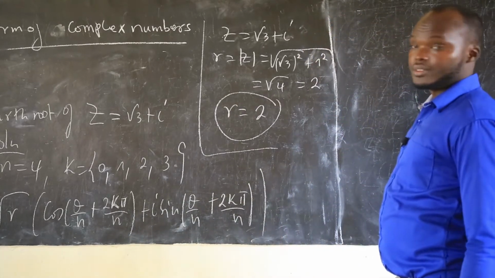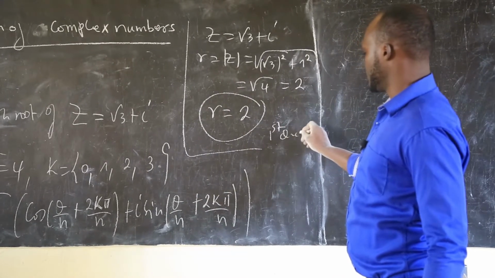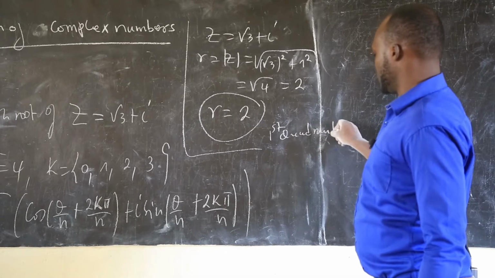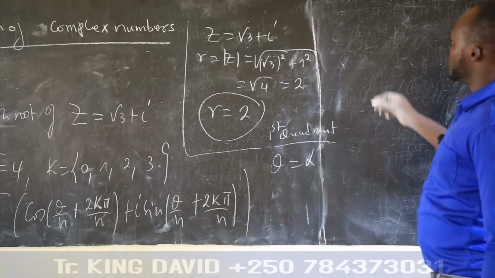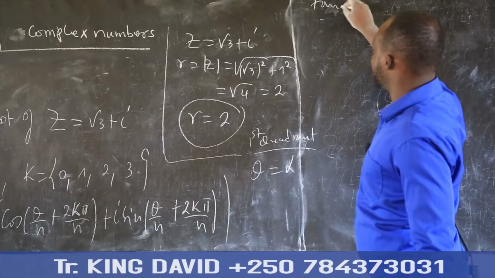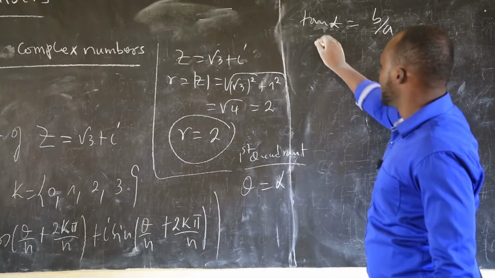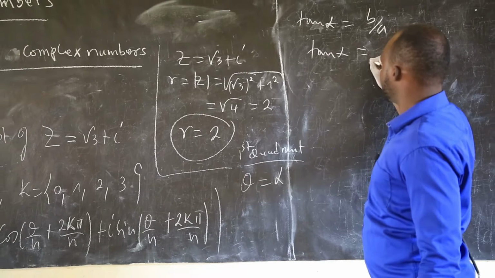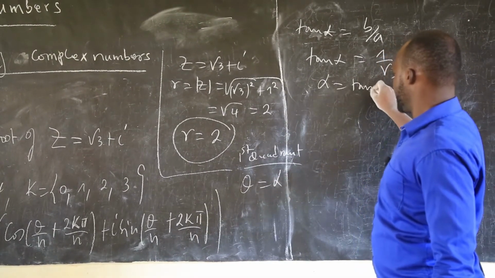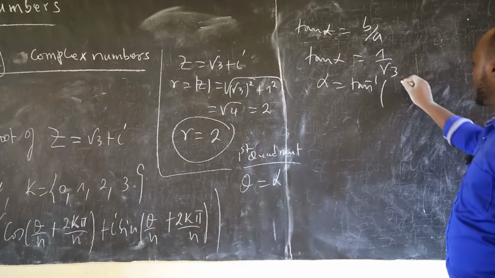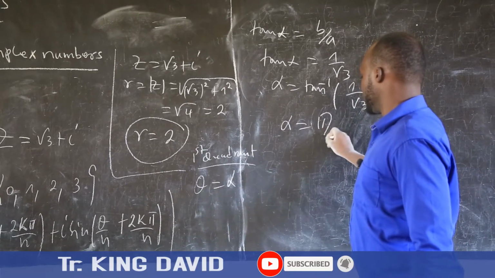Then what is the angle? This is in the first quadrant, so tan alpha equals b over a. Tan alpha will be equal to 1 over root 3. Alpha is tan inverse of 1 over root 3, so alpha is pi over 6, which is 30 degrees.